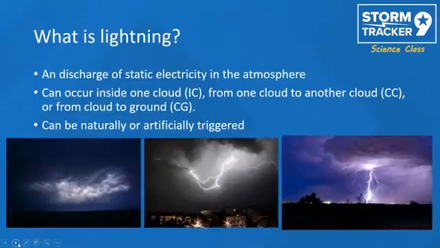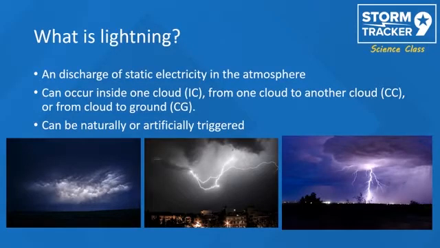All right. So what is lightning? Lightning is a discharge of static electricity in the atmosphere, and it can typically occur in three ways. It can occur inside one cloud, from one cloud to another cloud, or, of course, cloud to ground lightning, which is not necessarily the most common type, but the most photographed.